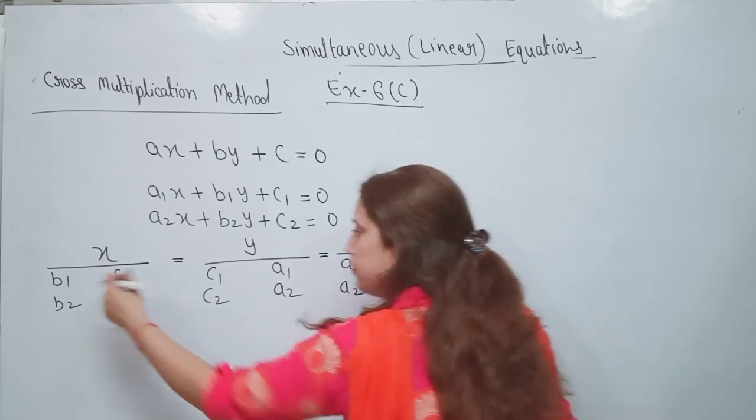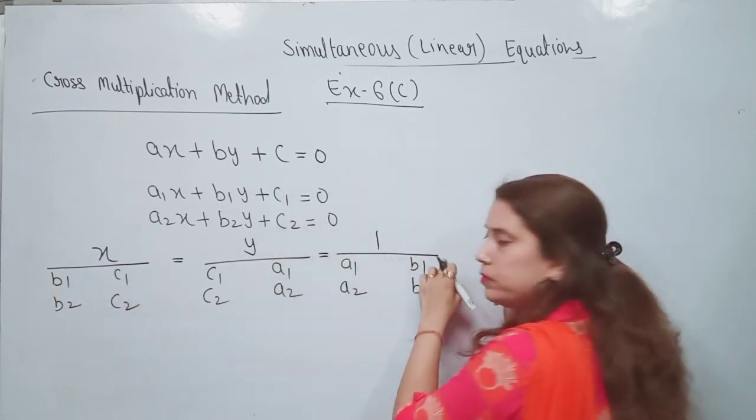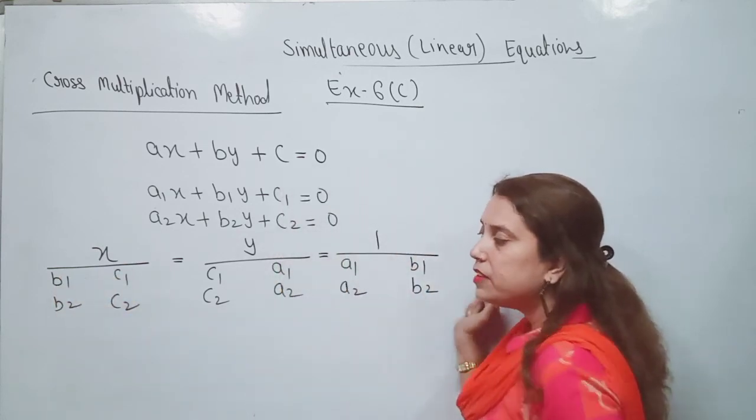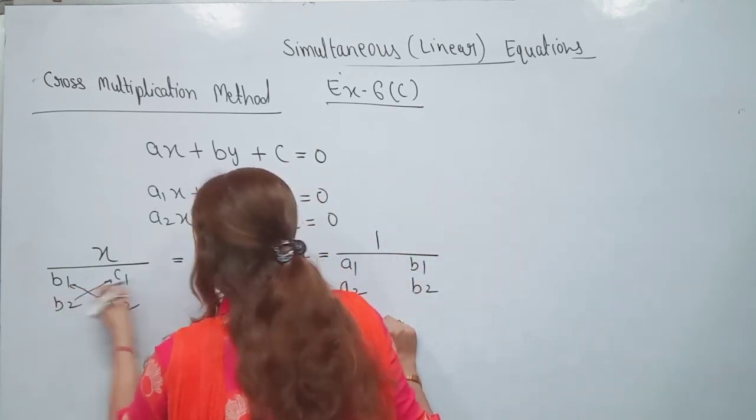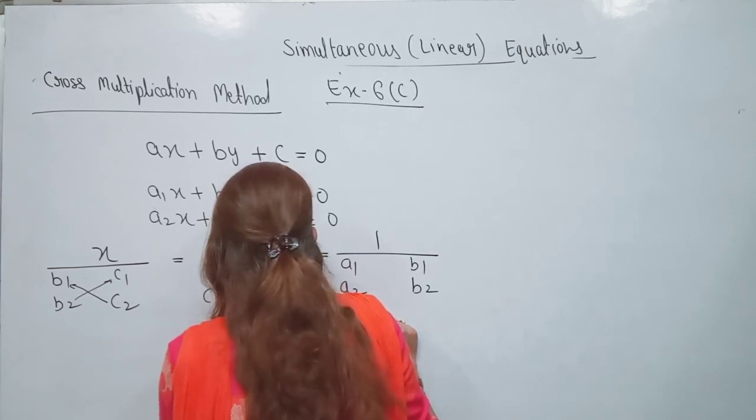So we start with b1 b2 and c1 c2, and after that we will do the cross multiplication.